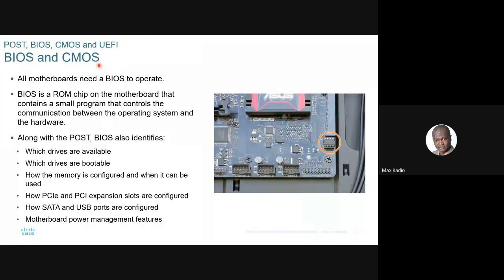BIOS, CMOS. CMOS is a kind of battery. Even if your PC is off, it's still going to send some small power to keep your date and a few components up and running. That's the CMOS battery. The BIOS is a program the manufacturer put so that the motherboard will be able to manage all these small electrical things. It's a program to allow the motherboard to interact with everyone.